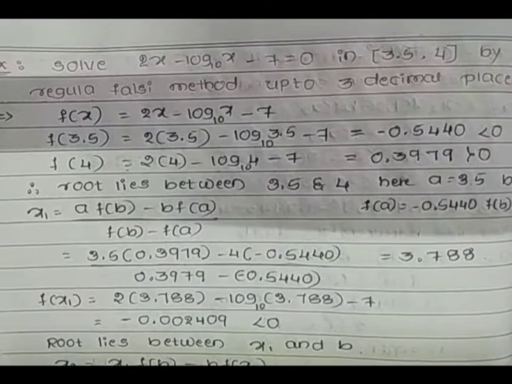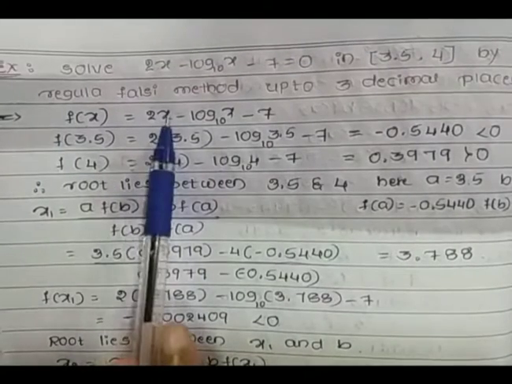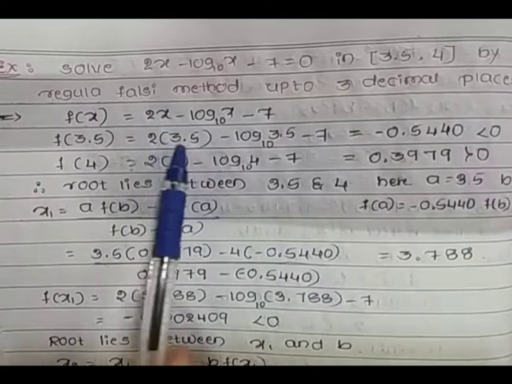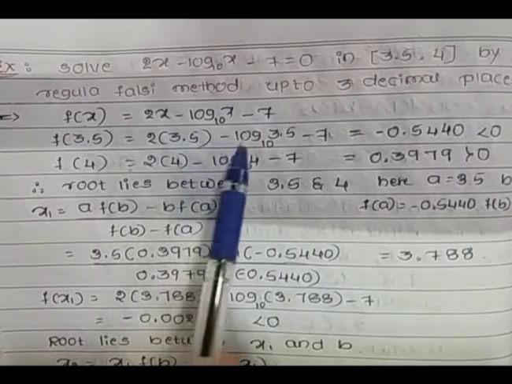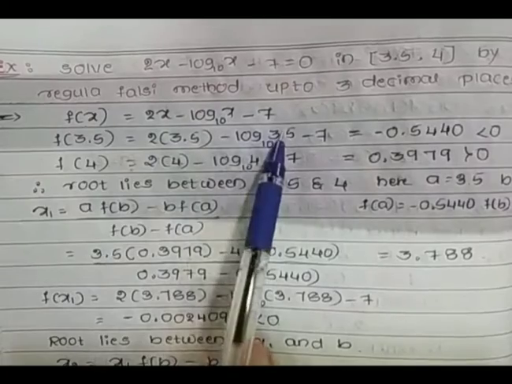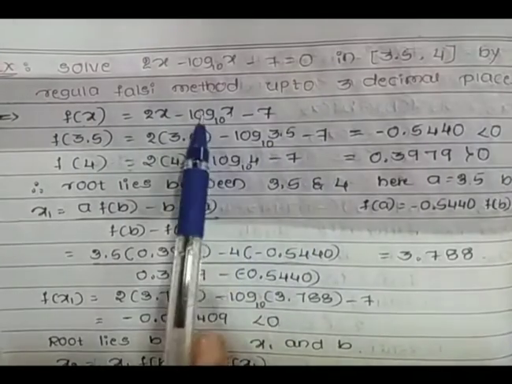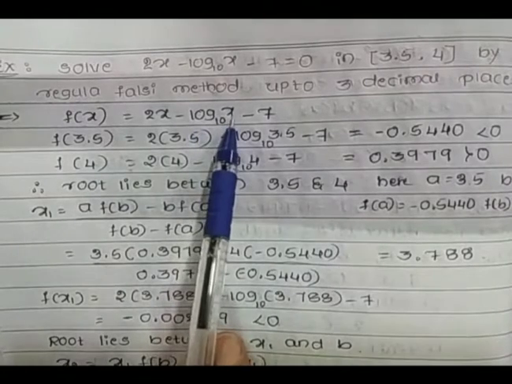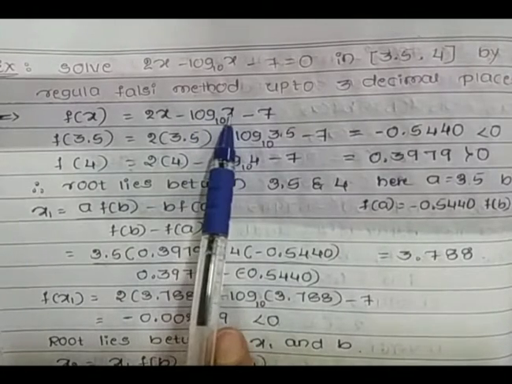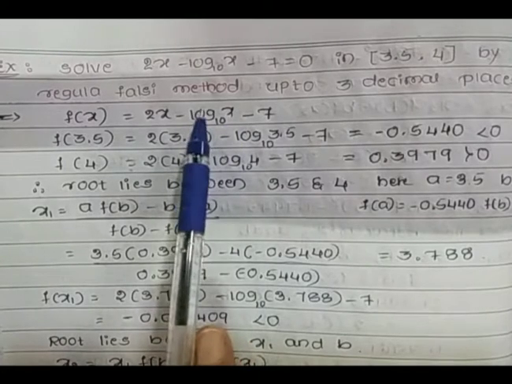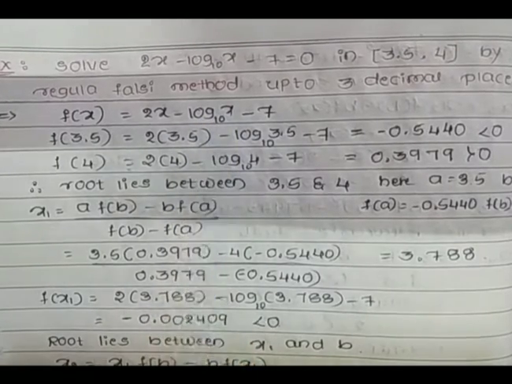So what will we get here? 2x is there, replace x using 3.5, then 2 into 3.5 minus log of 3.5 to the base 10 minus 7. Here you can observe this is not just log x. If only log x is there, then we have to consider the base as e, but here particularly log x to the base 10 is given.